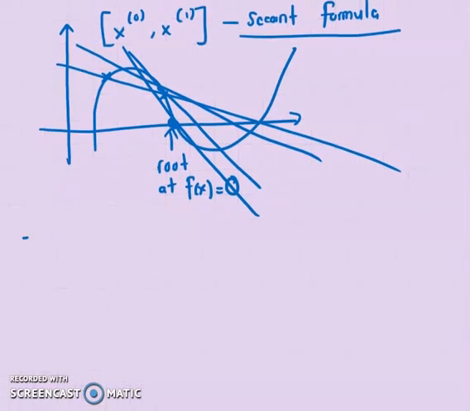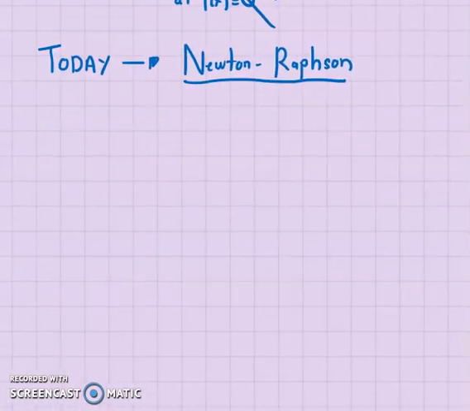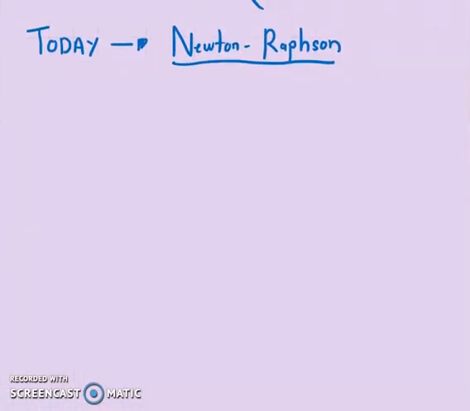Now today what we're going to look at is another iterative method, Newton-Raphson. This is a very famous method, very powerful as well. The Newton-Raphson method uses the slope of a tangent.